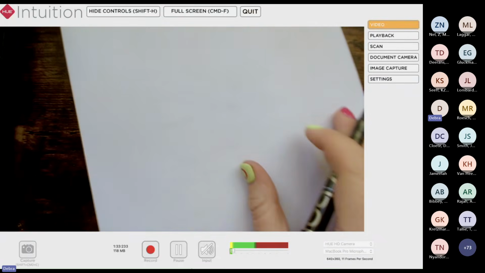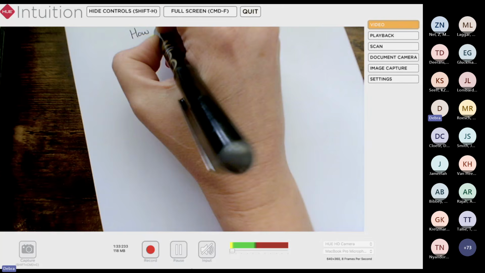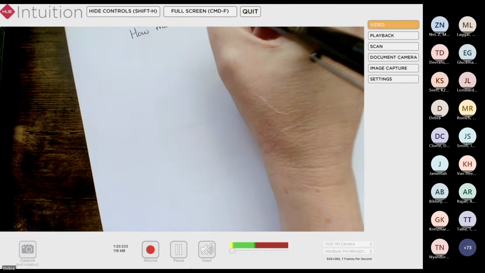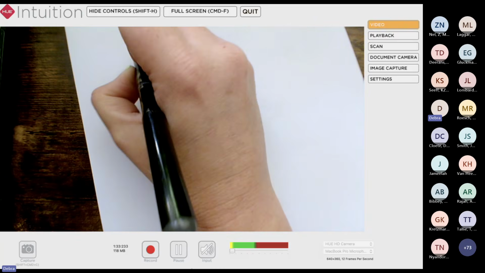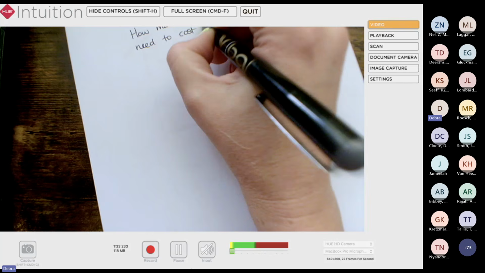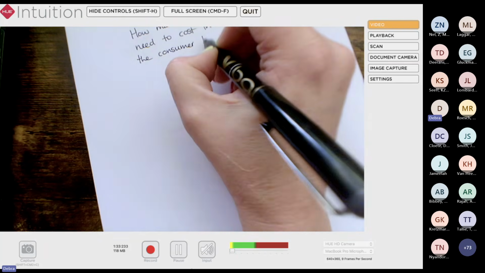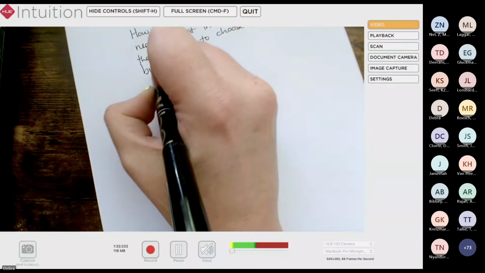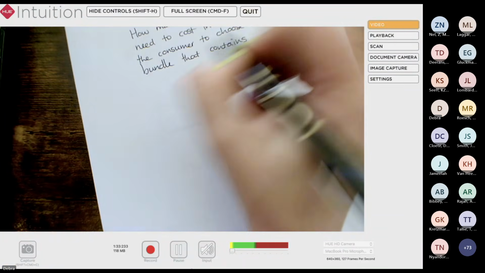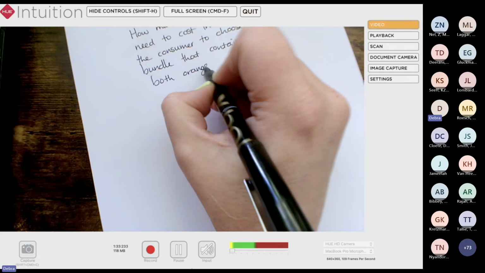Okay, so if the question is, how much would apple juice need to cost in order for the consumer to choose a bundle that contains both orange and apple juice?